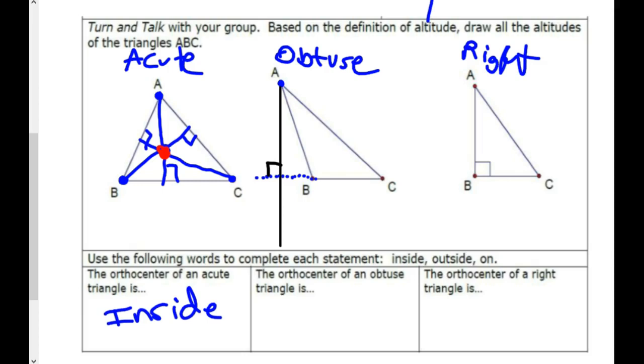And then I'm going to do the same thing using point vertex C right here. It needs to go perpendicular to this extended line. So I'm going to draw it using my protractor. It needs to make a right angle. Okay, so it's going to be something like this, as long as it makes a right angle. And then using vertex B, it's going to need to go and be perpendicular to AC.